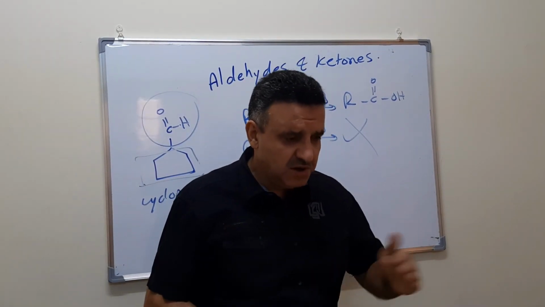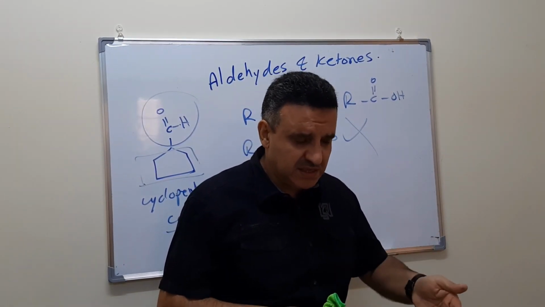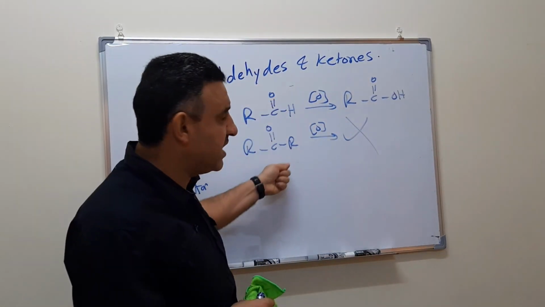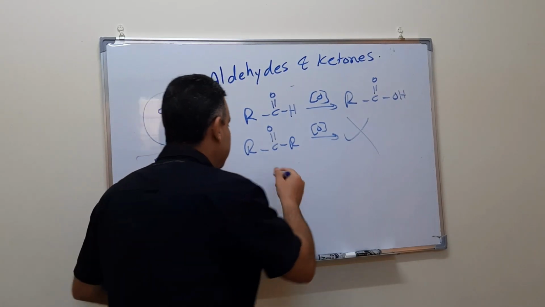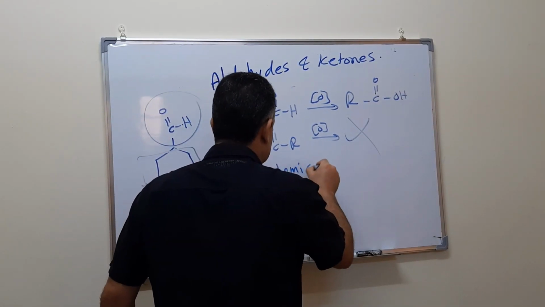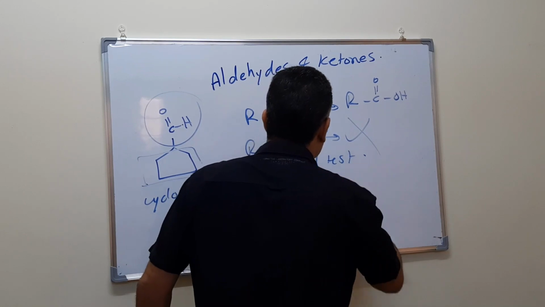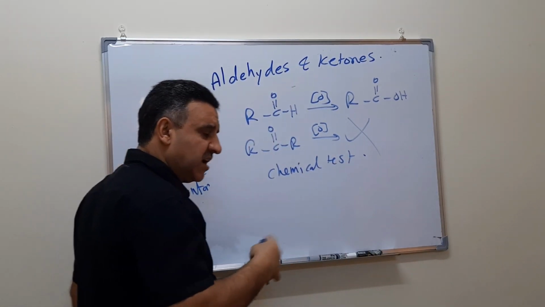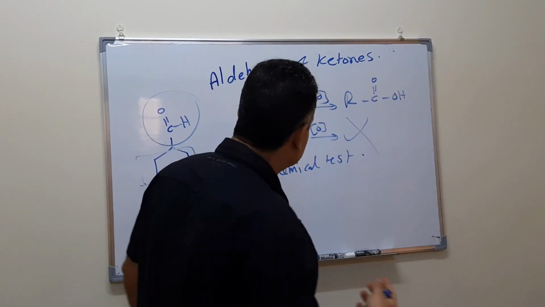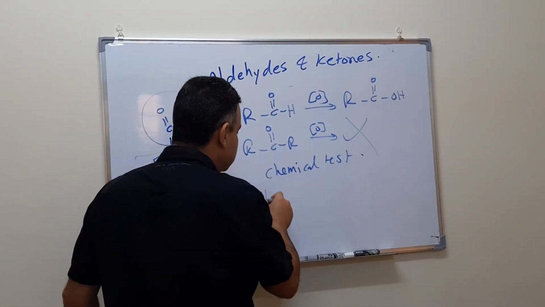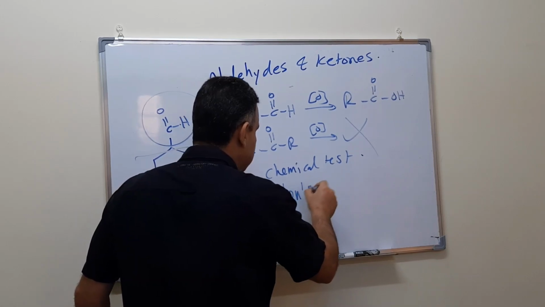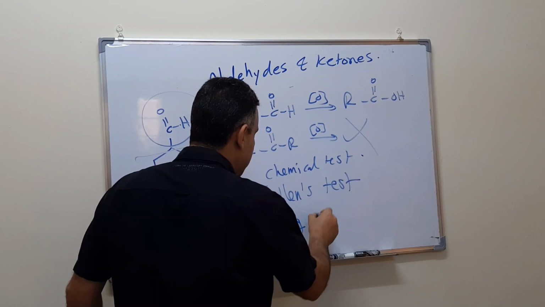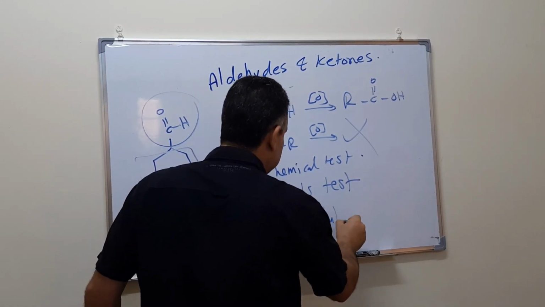That's the only difference in reactivity between aldehydes and ketones, and that's why we may use this difference as a chemical test. In order to distinguish the aldehyde from the ketone, since they react similarly, we use the Tollens test or Tollens reagent, which is silver ammonium hydroxide.